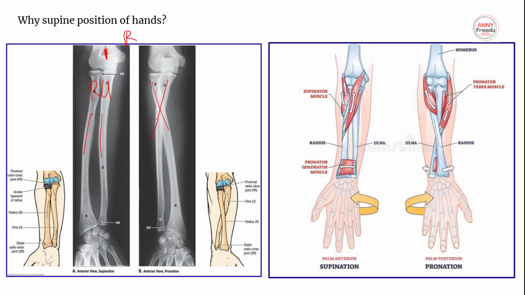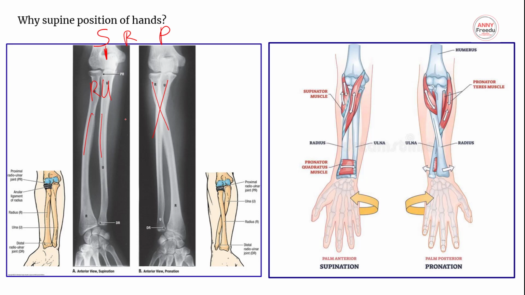So that's why we are choosing a palm which represents supination, and we don't use a palm that presents pronation, because in pronation, these two bones crisscross each other, but in supine position of a forearm, these two bones are parallel. So it's easier to describe later on, and you will understand even better.